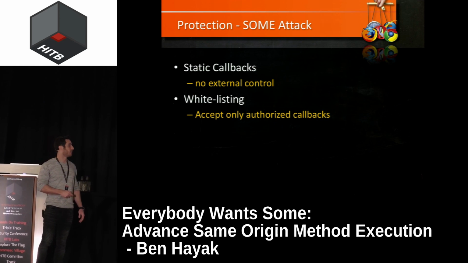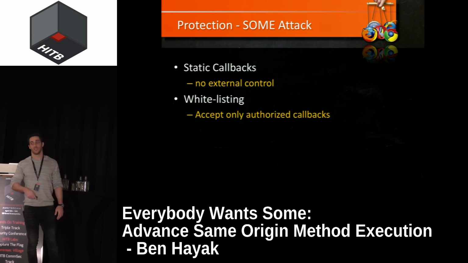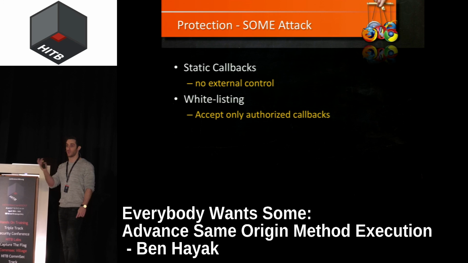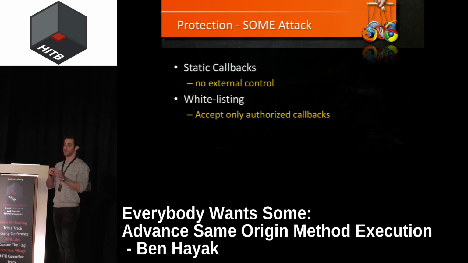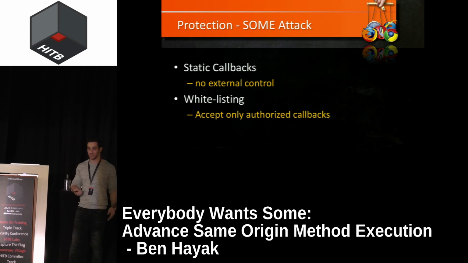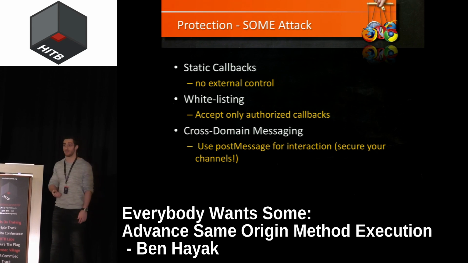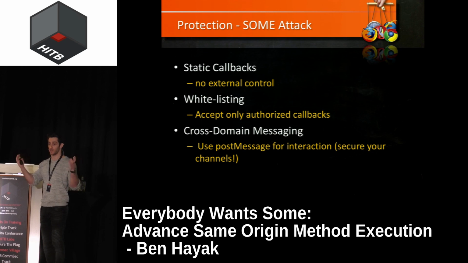Another protection, if you can't do the first one, is to create a whitelist, so you accept 2 or 3 static callback values, and if the server sees the callback is something like firstElementChild, or whatever does not match the whitelist, then block it. Or you can set up HTML5 messaging channels to interact with windows.